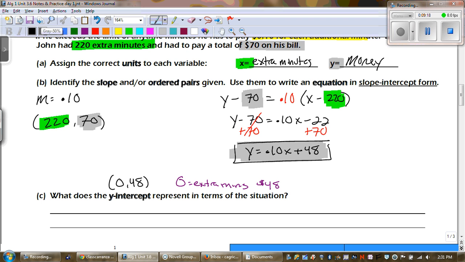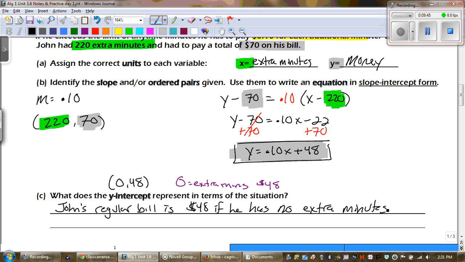Okay, so what it's saying is John's bill, because remember we're talking about John, so his regular bill is $48 if he has 0 extra minutes.